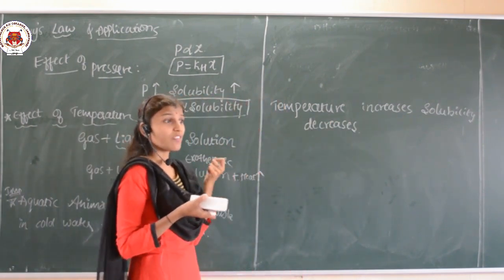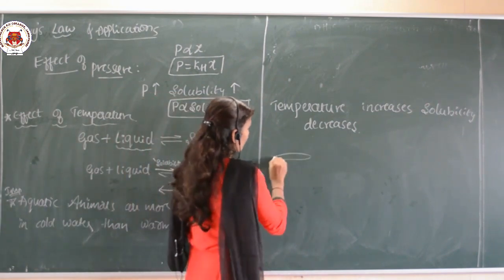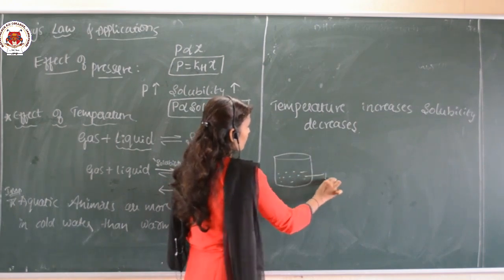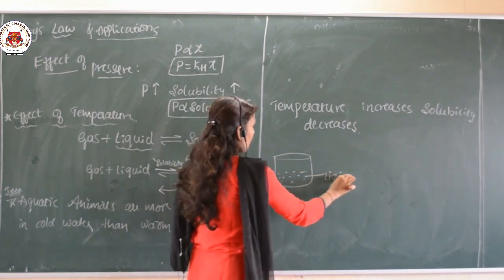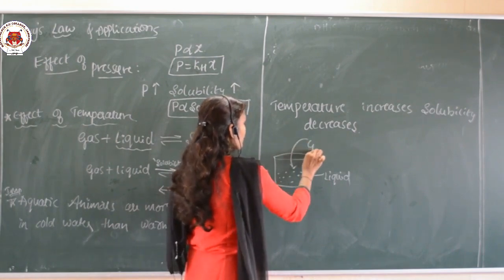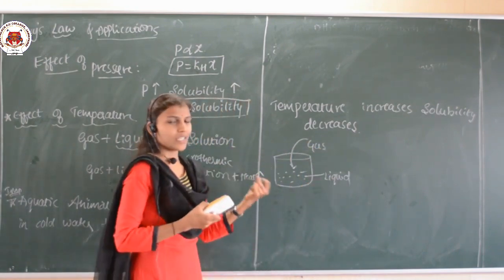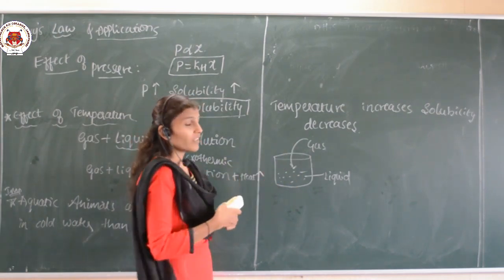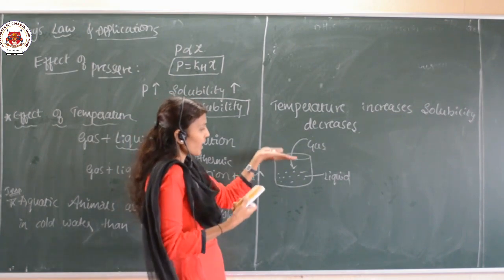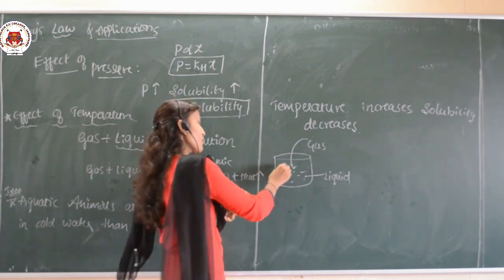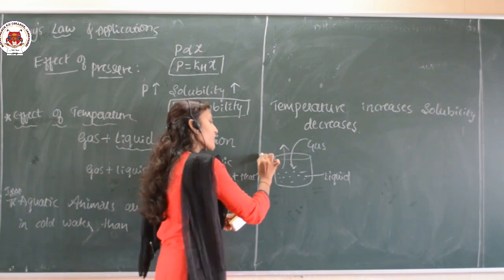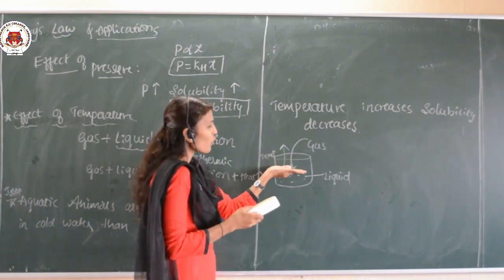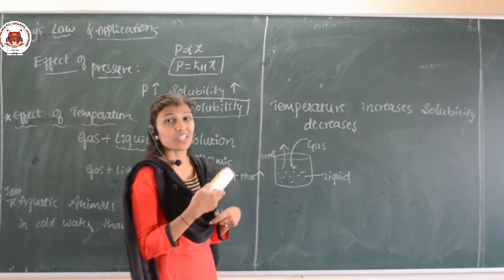And one more thing we can say: when we are dissolving a gas in a liquid, it is a liquid solution. If I go on increasing the temperature, the escaping tendency of the molecules from the surface will increase.